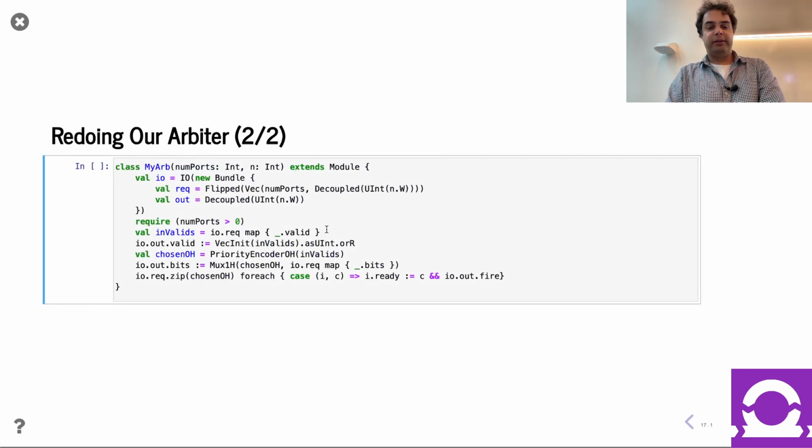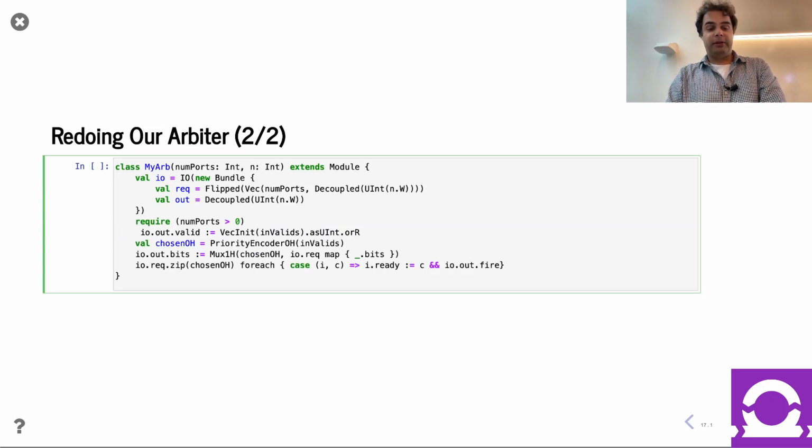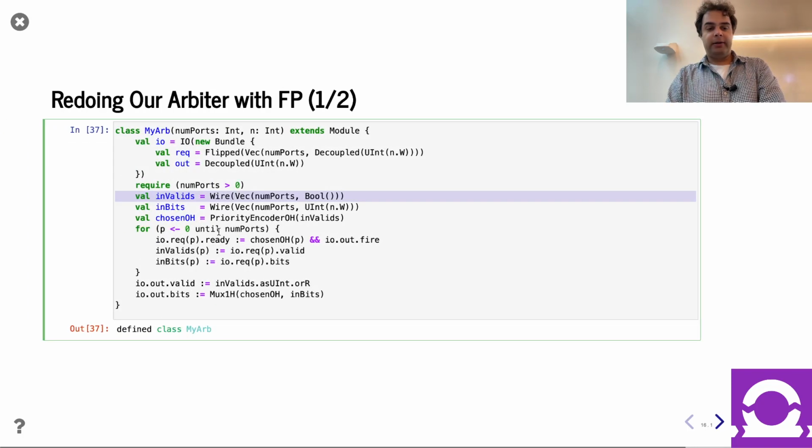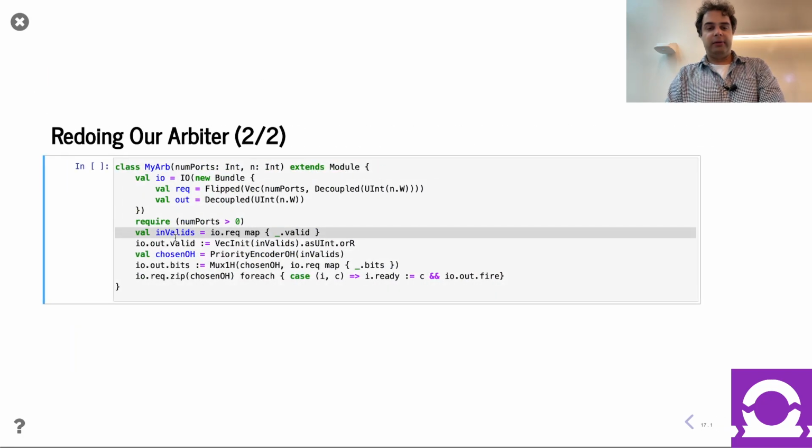Instead, we can just do this: for every one of those request ports, just give me the valid port, using that placeholder syntax, using a map, because in this case we really do care about the result. So boom, that was effectively three lines: the declaration of the wire, the for loop, and then the connection. Now that is one line. We just grabbed all the valids, really easy.